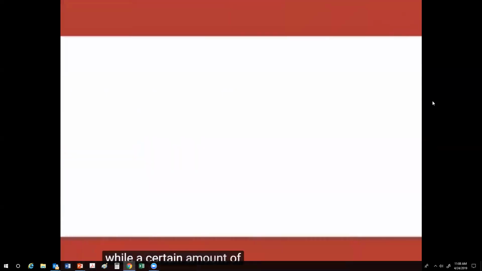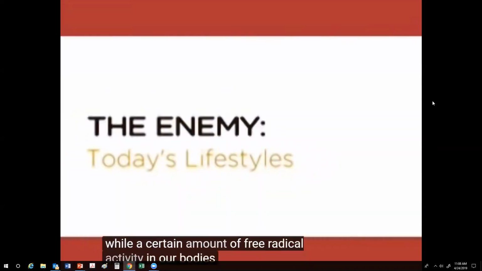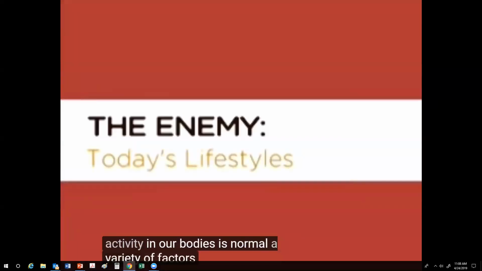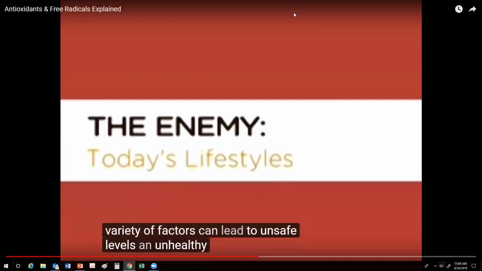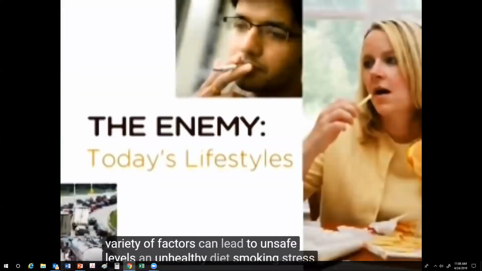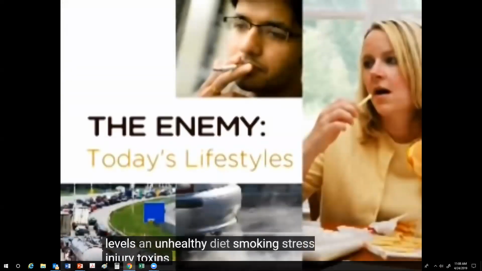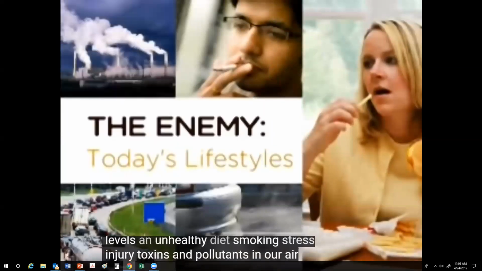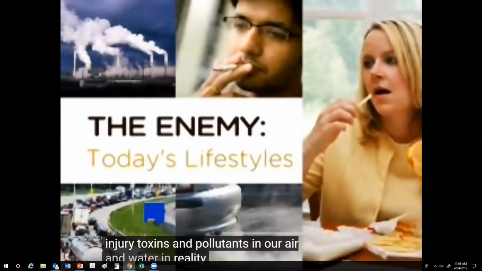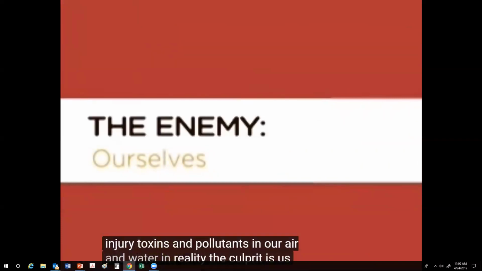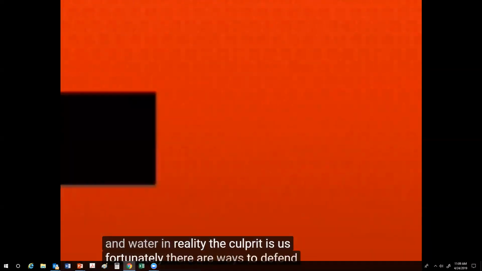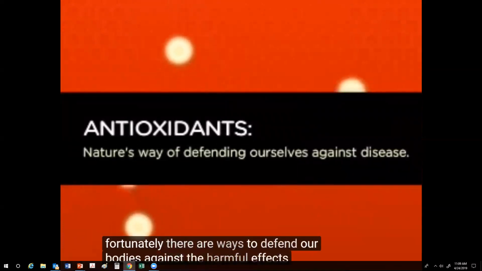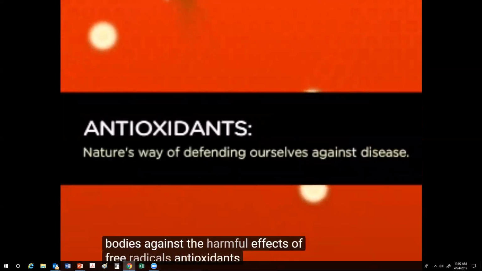While a certain amount of free radical activity in our bodies is normal, a variety of factors can lead to unsafe levels: an unhealthy diet, smoking, stress, injury, toxins, and pollutants in our air and water. In reality, the culprit is us. Fortunately, there are ways to defend our bodies against the harmful effects of free radicals.